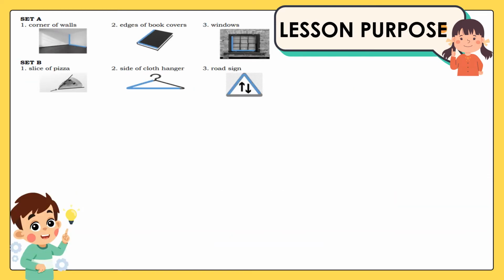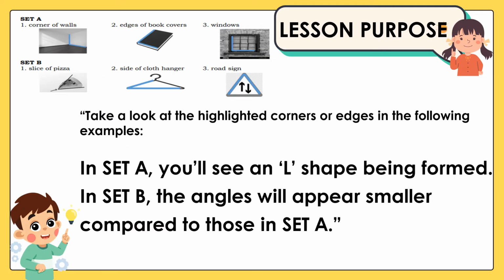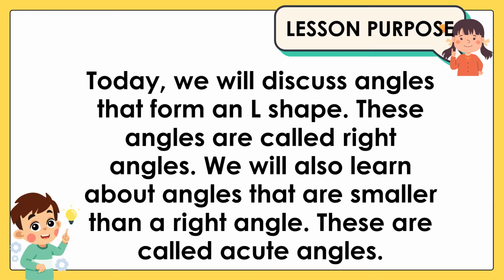By looking at the picture of set A and set B, here's what we can get. In set A, you'll see an L shape being formed, while in set B, the angles will appear smaller compared to those in set A. Today, we will discuss angles that form an L shape.